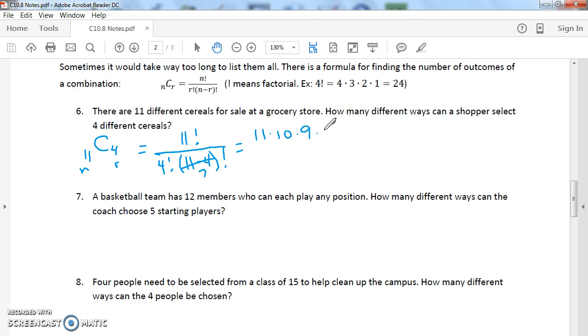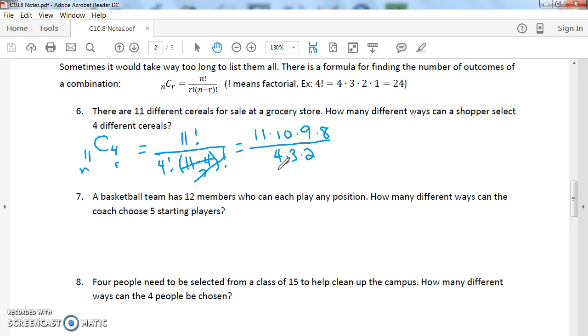We could stop at 8 because the 7, 6, 5, 4, 3, 2 is going to cancel with this here. We do still have to write the 4 factorial, that's 4, 3, 2.